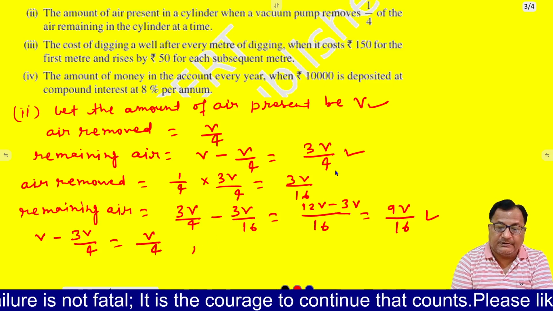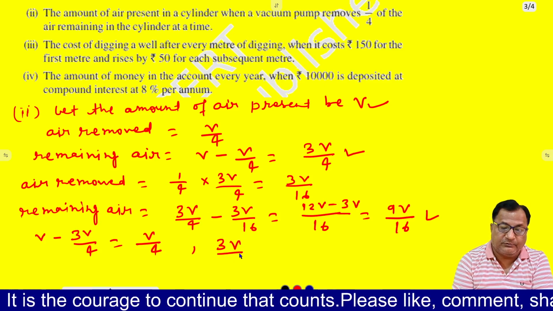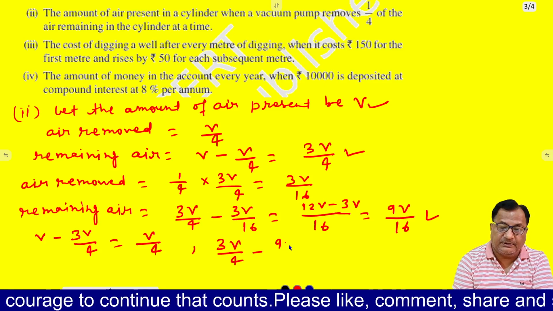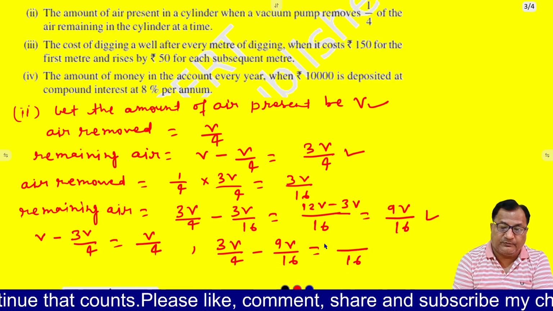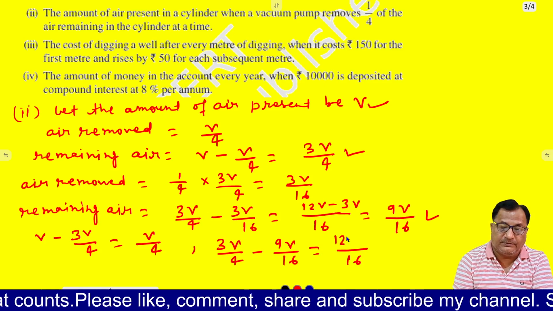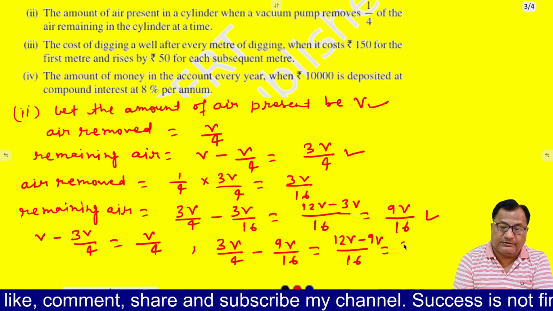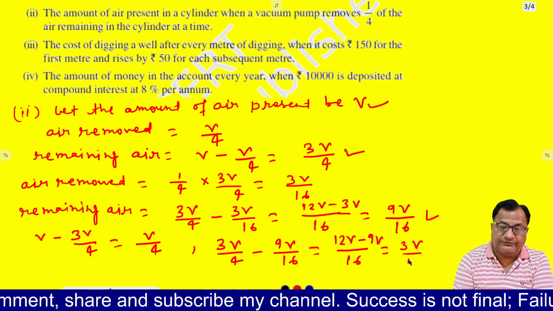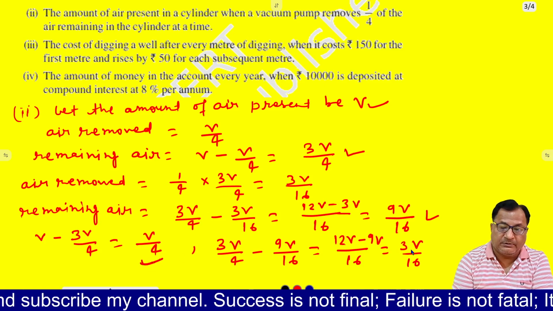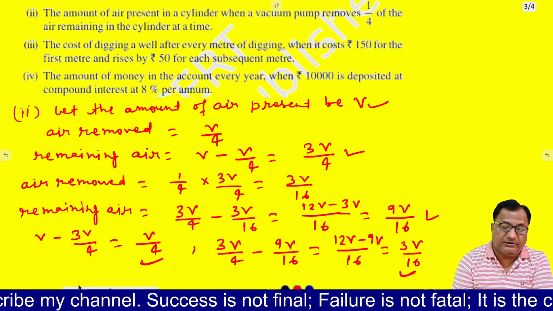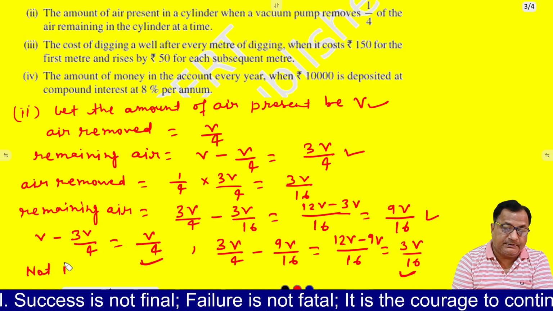And next, if you subtract this from this, 3V by 4 minus 9V by 16, which is 12V minus 9V over 16, equal to 3V by 16. So this is not coming the same: this is V by 4 and this is 3V by 16. So this is not in AP.